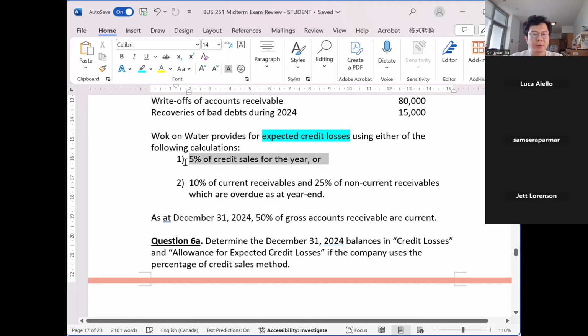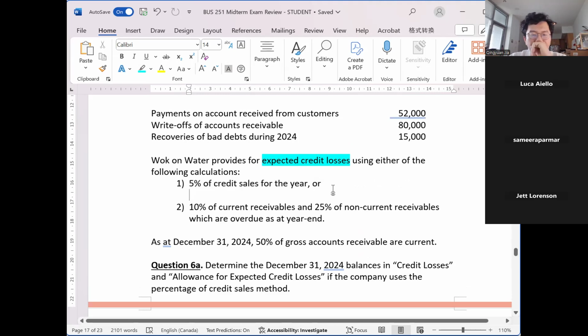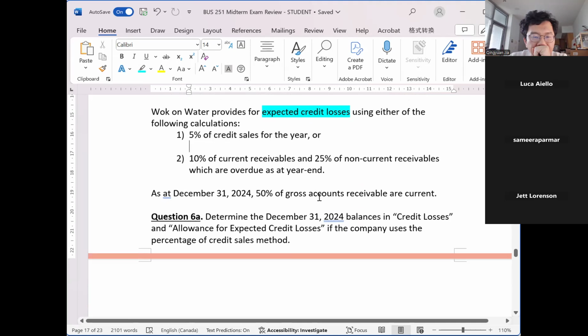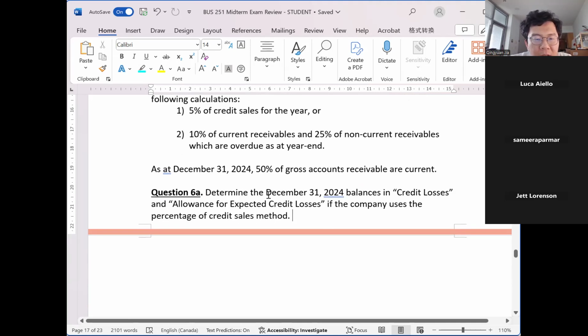And the first part, we can calculate the expected credit loss directly. Okay, so let's have a look at the question. Determine the December 31, 2024 balance in credit loss and allowance for expected credit loss if the company used the percentage of credit sale method.